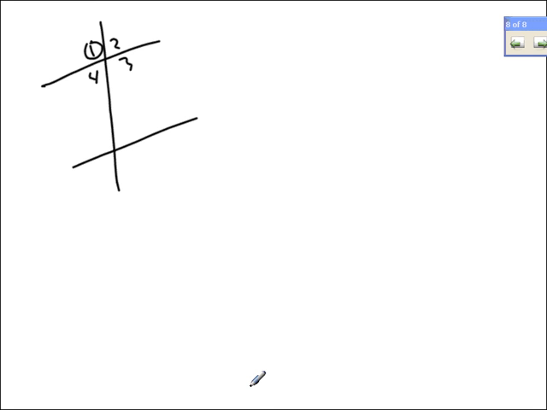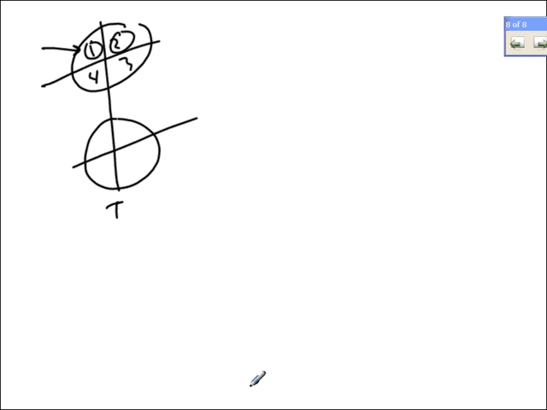But I do want to say one thing. One, two, three, four. These two are exterior angles, and they don't lie on the same side of the transversal. They are not alternate exterior angles. You have to pick one from here and one from here.